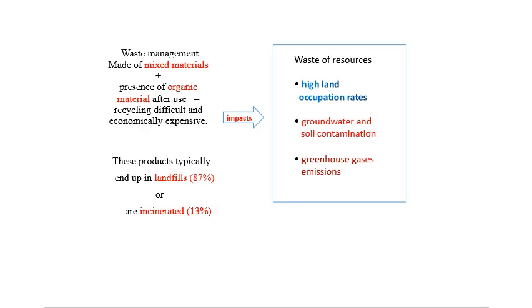So these products typically end up in landfills: 87% fill the land, and only 13% are incinerated. Due to this, what may be the impacts? Waste of resources, high land occupation rates, groundwater and soil contamination, and greenhouse gas emissions will also take place.